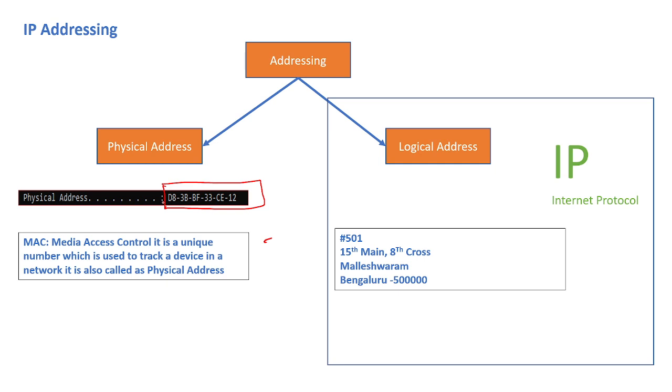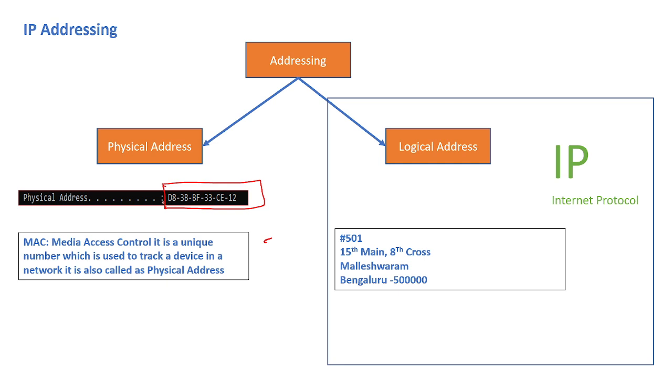Then let us go to the logical address. The logical address is the internet protocol address, and it will vary from network to network. For example, when you look at a problem, the logic behind resolving it may vary from person to person.